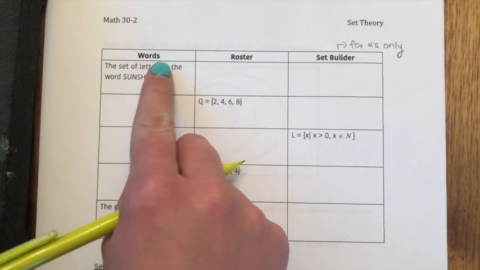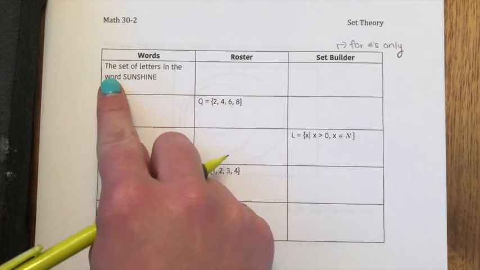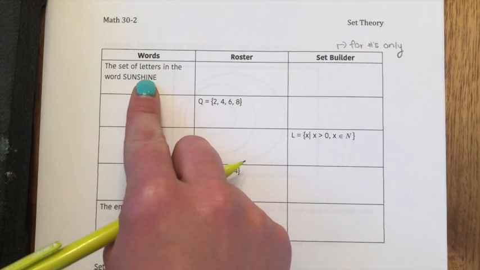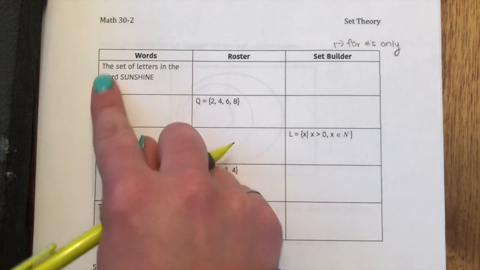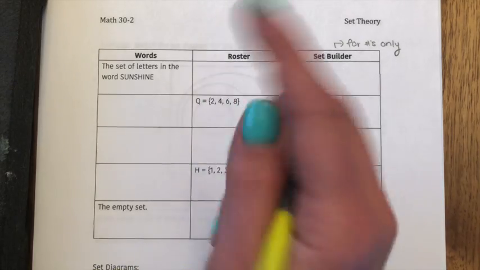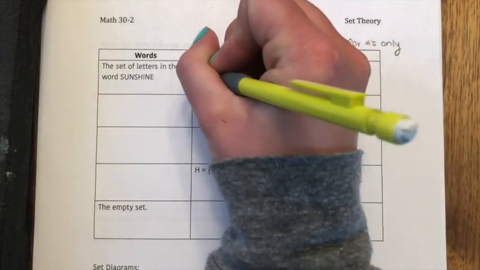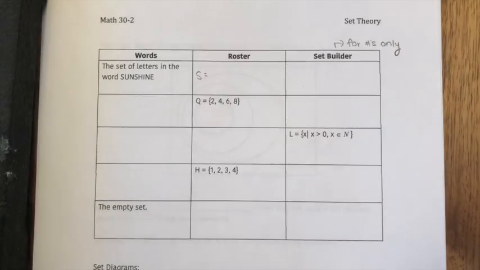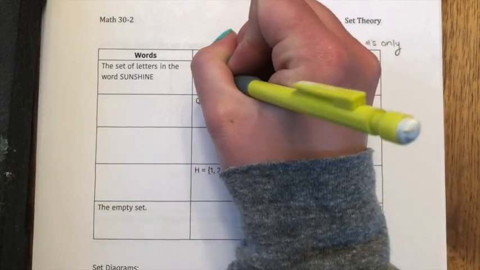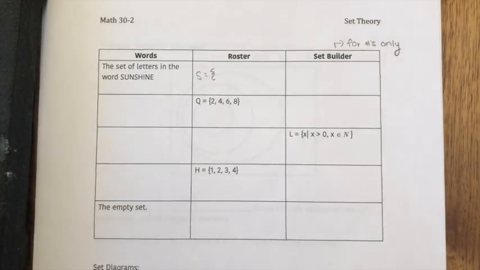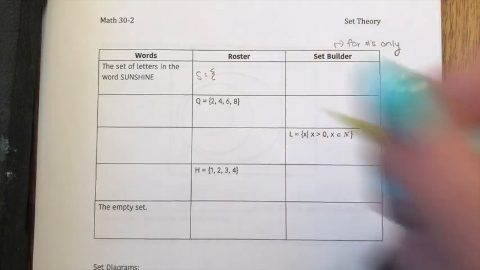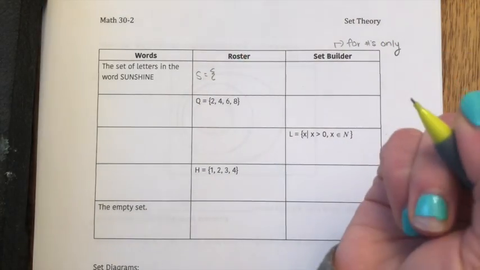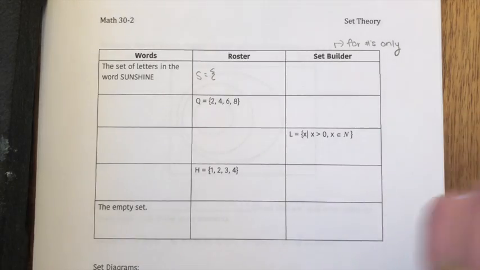So if I want to do the set of letters in the word sunshine, that's describing it in words, and we're going to put it in roster form. I'm going to call it S because sunshine starts with S, so that's what I'm going to call my set. We use these squiggly brackets to say here's the start and the end. Remember that a set's going to contain distinct things.